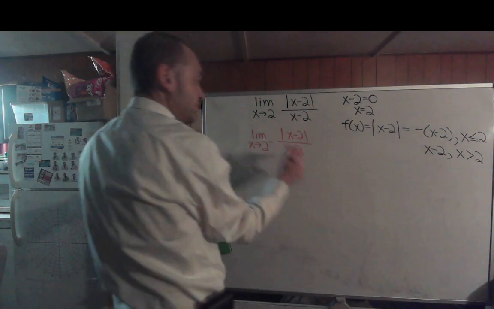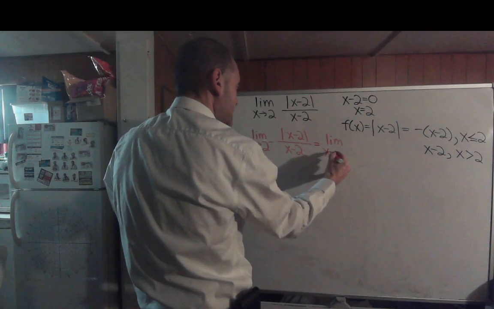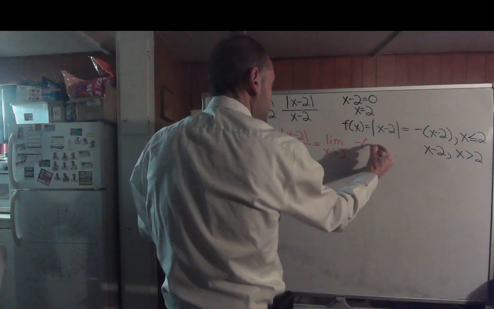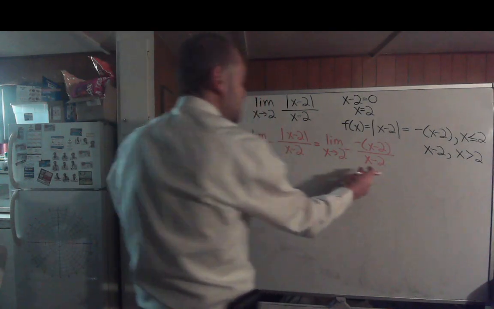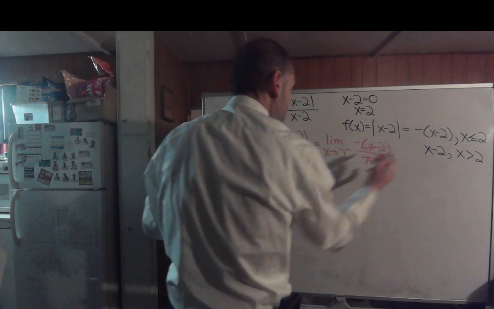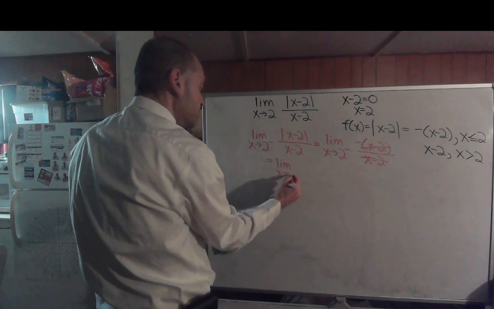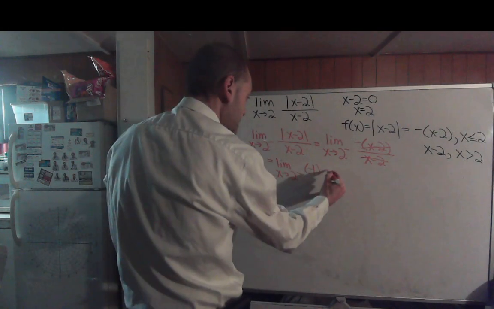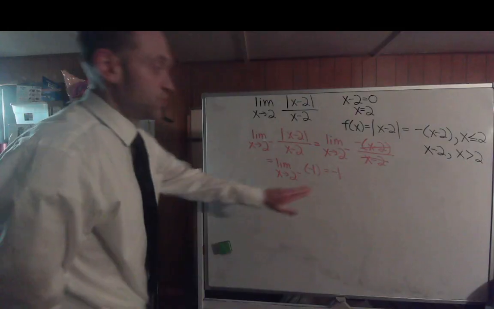So that absolute value of x minus 2 would turn into the limit as x approaches 2 from the left of the negative of x minus 2 divided by x minus 2. Now notice between the numerator and denominator, the x minus 2's will cancel out. This would just turn into the limit as x approaches 2 from the left of -1, which would just give you -1. So the left-handed limit of this function is -1.